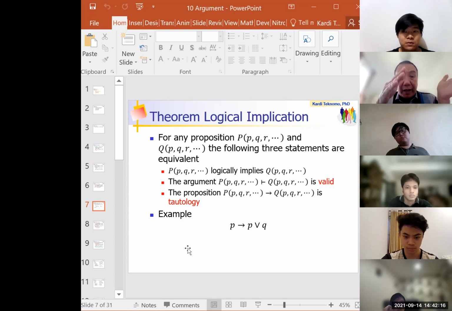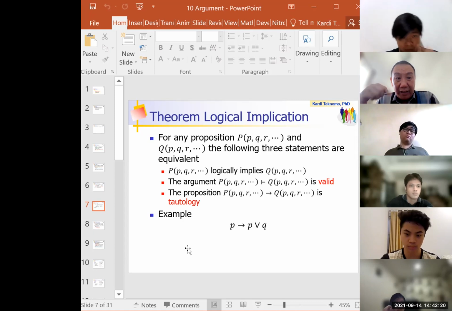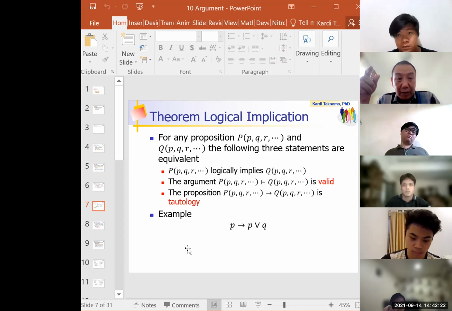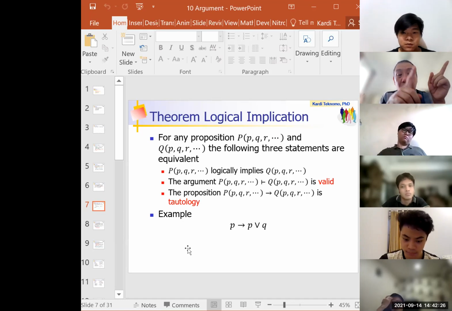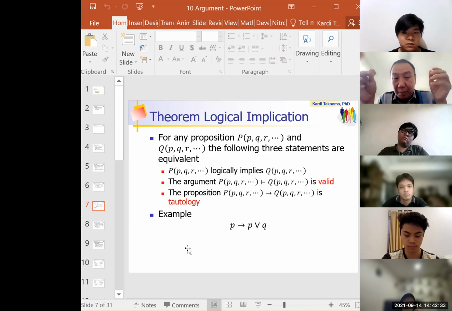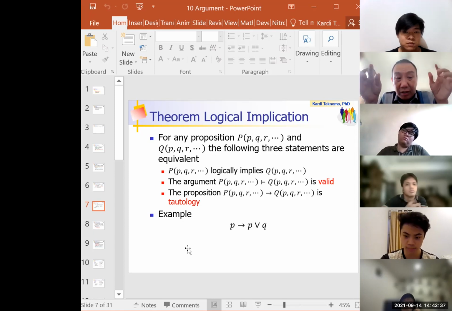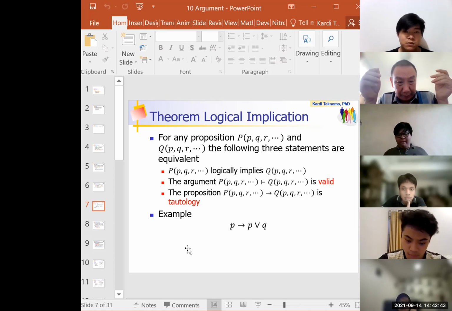If P, then Q. That is identical with saying that if P, then Q is valid. That is also identical to saying if P, then Q is a tautology.